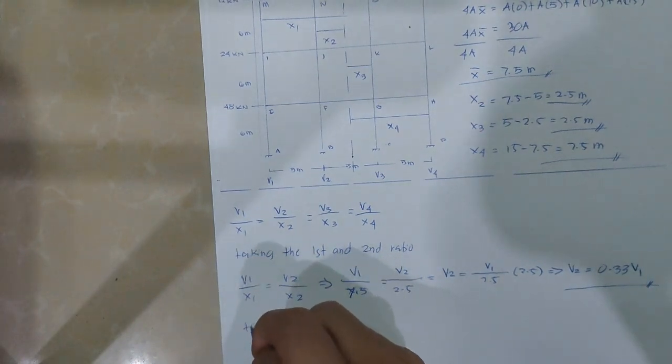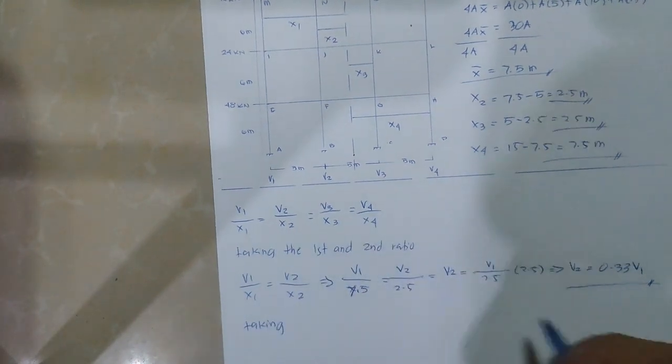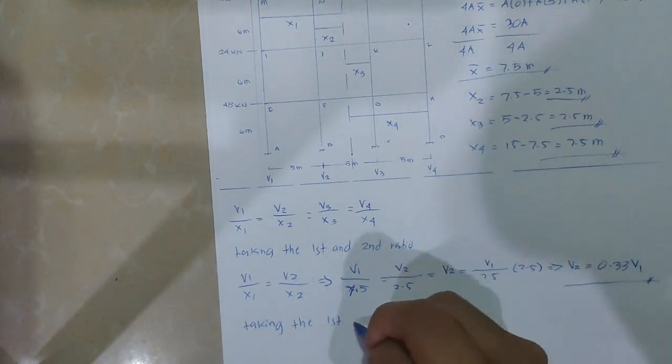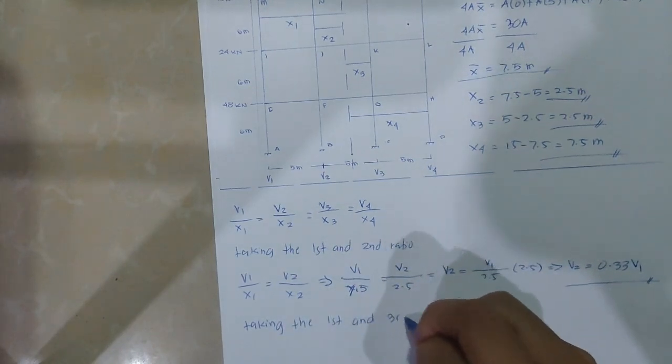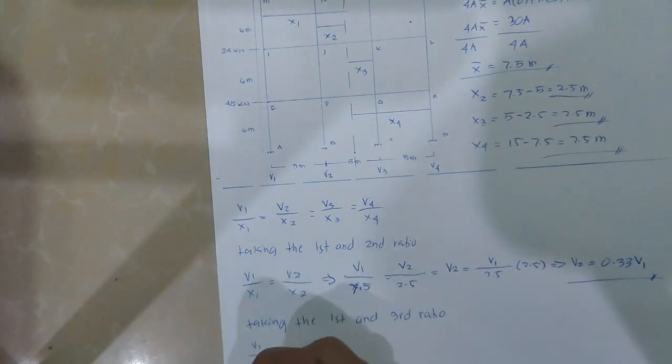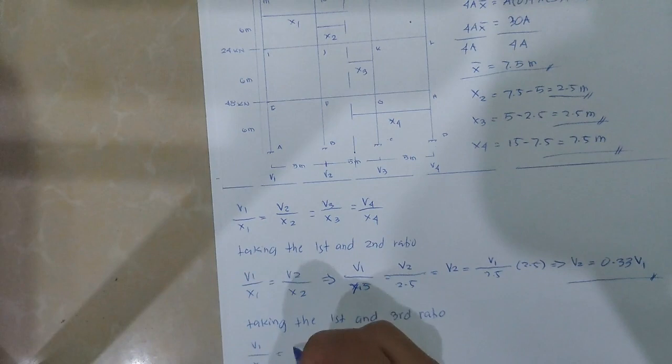So taking the first and third ratio, V1 over X1 equals V3 over X3.